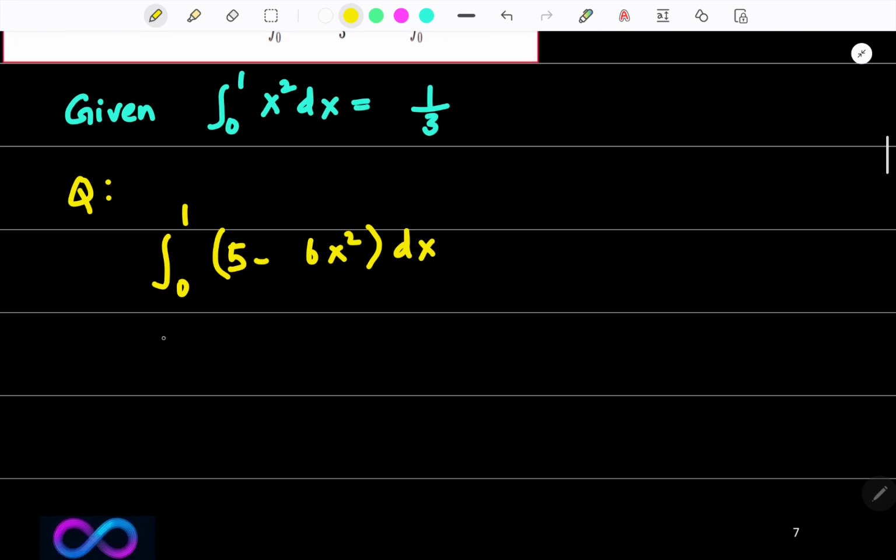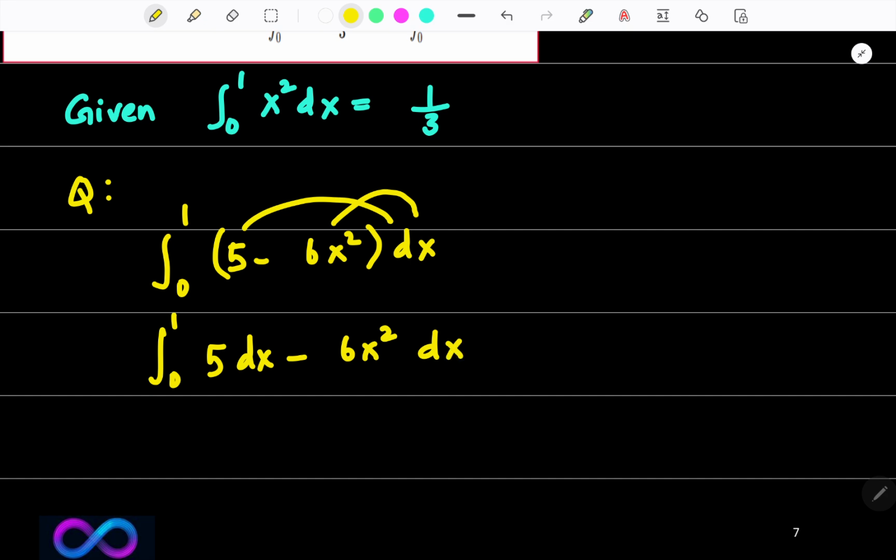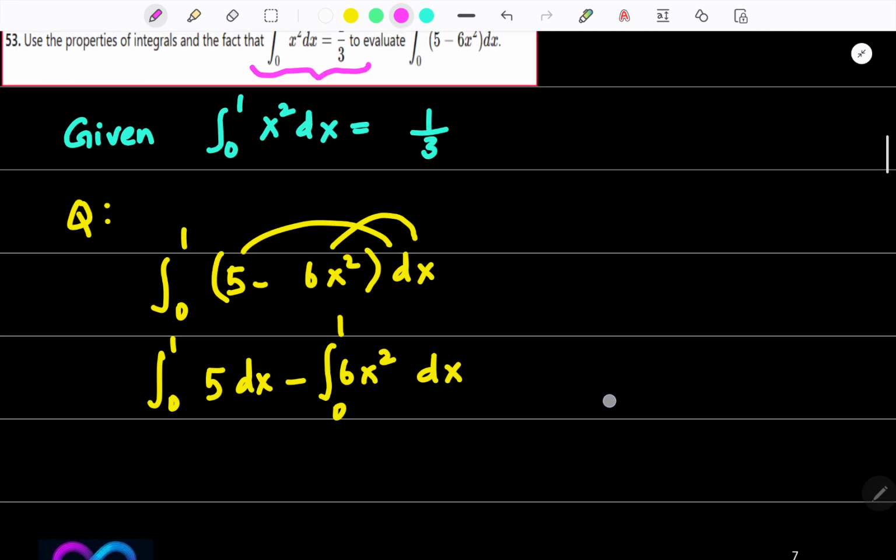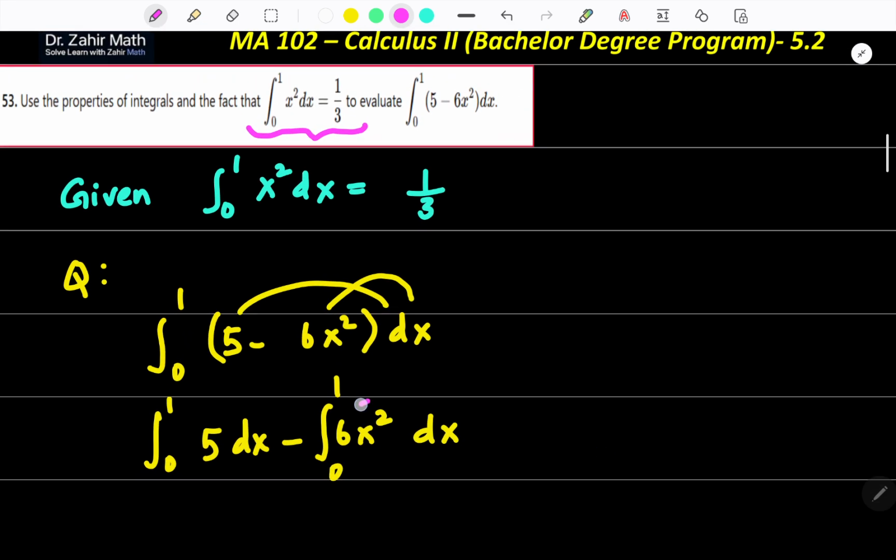Okay. Now how do you evaluate? Integral 0 to 1 of 5 dx minus again this one, 6x square dx, integral 0 to 1. And look at the question. What is given? x square dx is given, which is 1 over 3. Can you see that? x square dx is there?